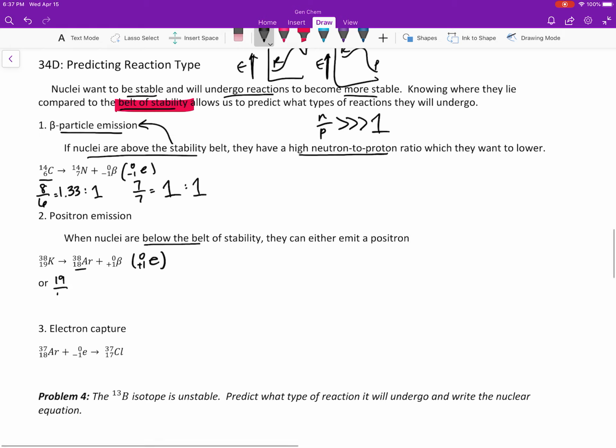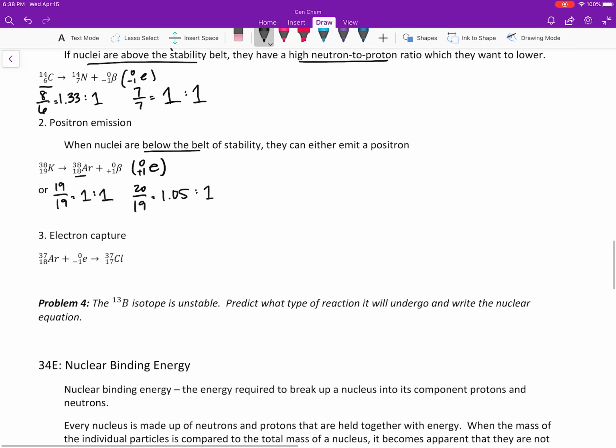So in this case, we go from a 19 to 19 ratio, and argon is going to have 20 neutrons and 19 protons, and the ratio there is just barely over 1 to 1. It may not be the most obvious example of what would be below the belt because it is close, and 1.1 and 1.05 are really not that different.